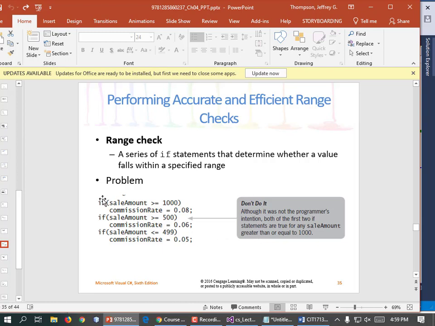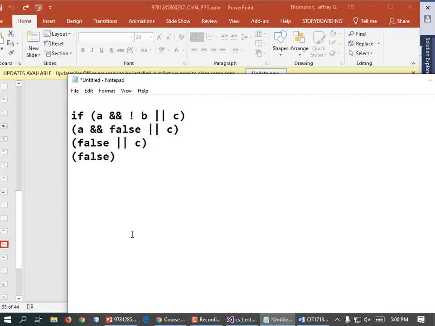Right. These need to be made mutually exclusive. They need to be made else ifs. Or they had darn well better be worded in the correct order. You should check for the lower one and then the higher one, but else if is a far better way of doing it. If sales greater than 1,000, then the rate is equal to 0.8.